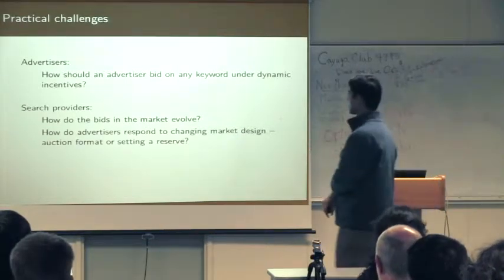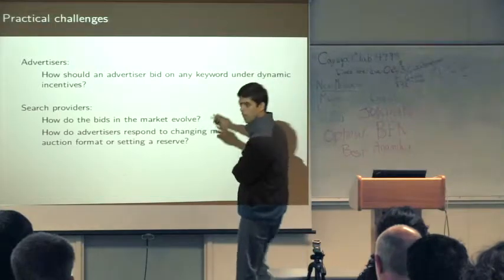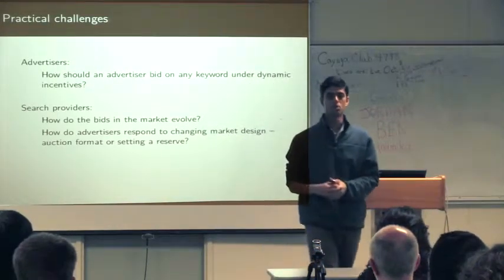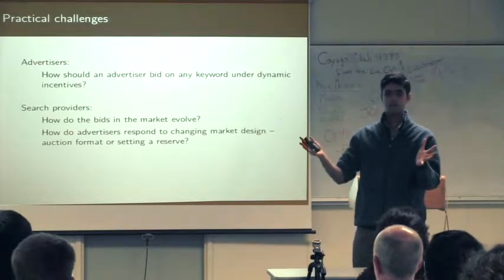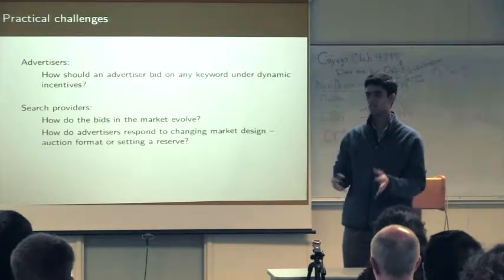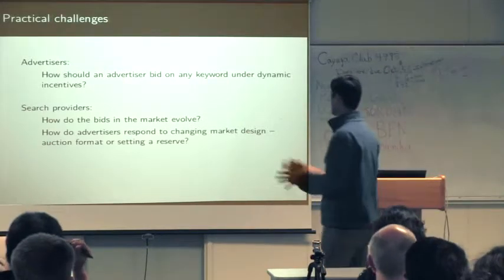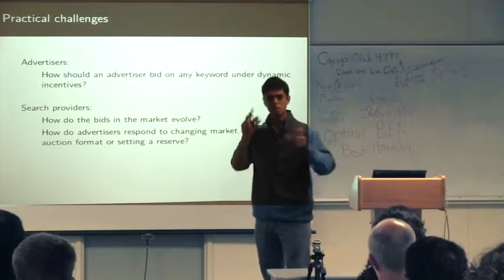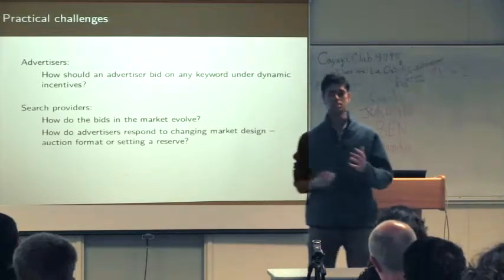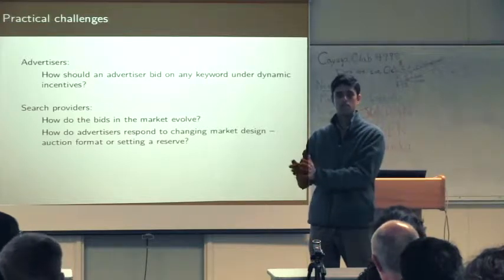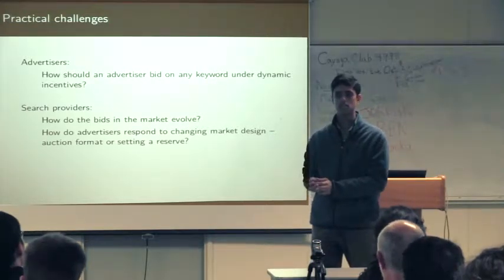From the perspective of a search provider, this is again an issue because they want to know what their future revenues are, and how the bids will evolve over time. They might also want to see how changing the parameters of the model, and in particular the market design, influences the revenue they get.